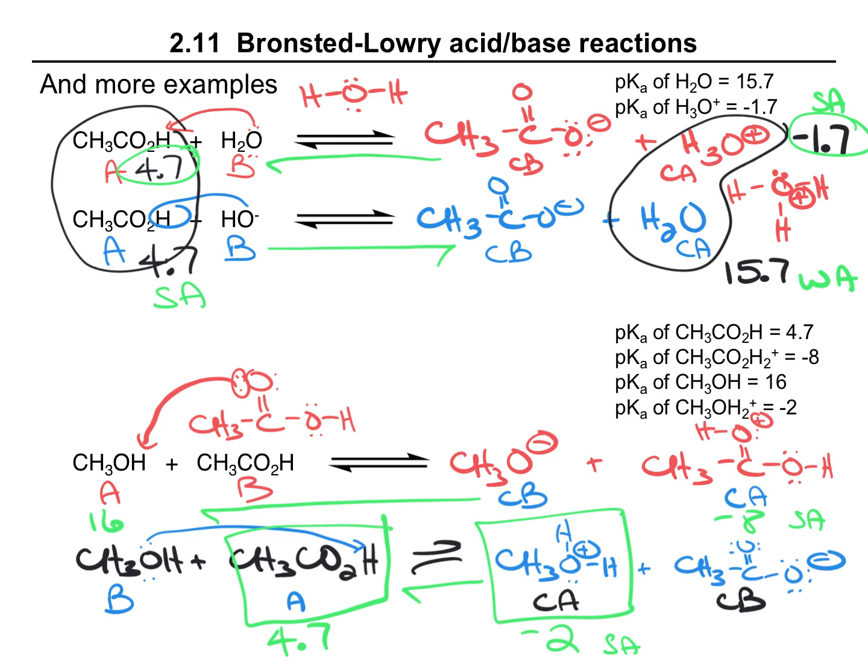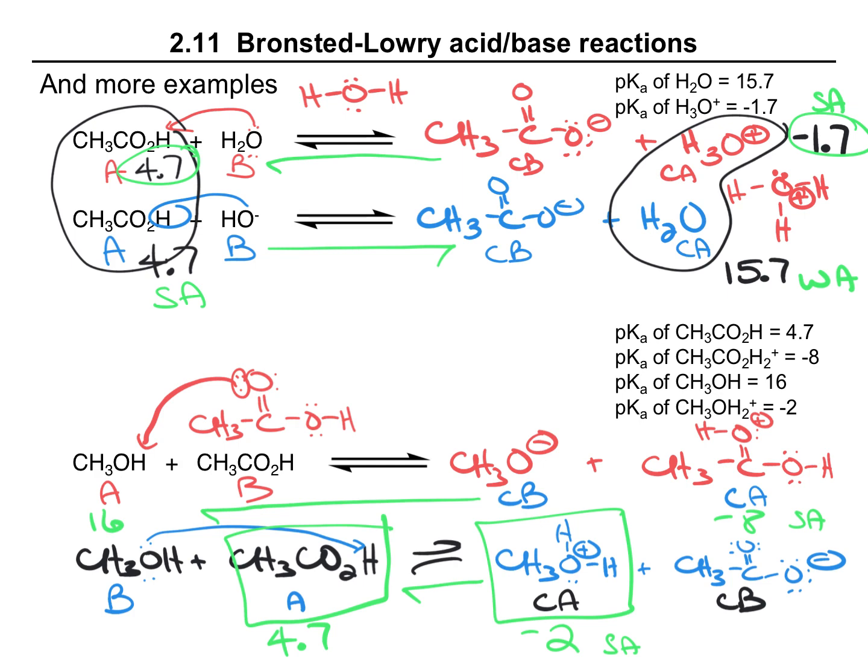Really, we could think about an even broader equilibrium where some of this exists, some of this exists, and some of this exists. In terms of overall quantities, we have mostly these, we have a smaller amount of these, and then a teeny tiny amount of these. In practice, we can really ignore this, right?